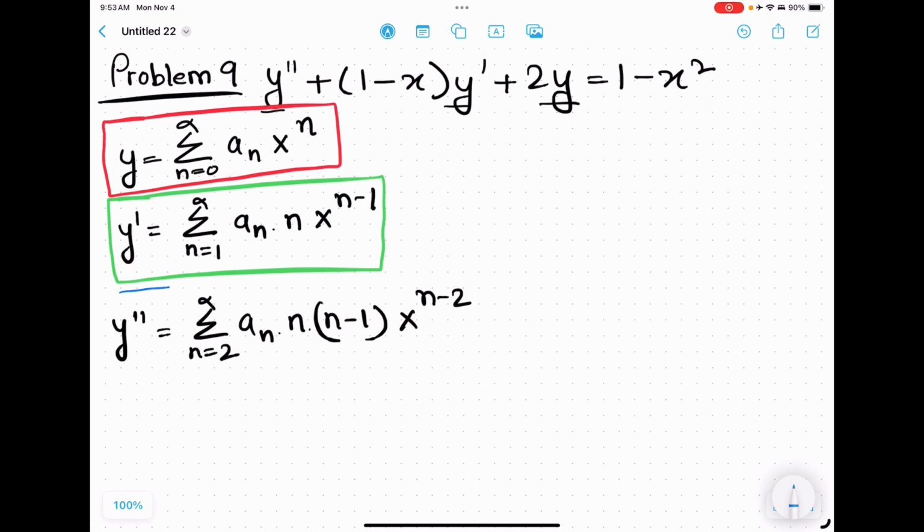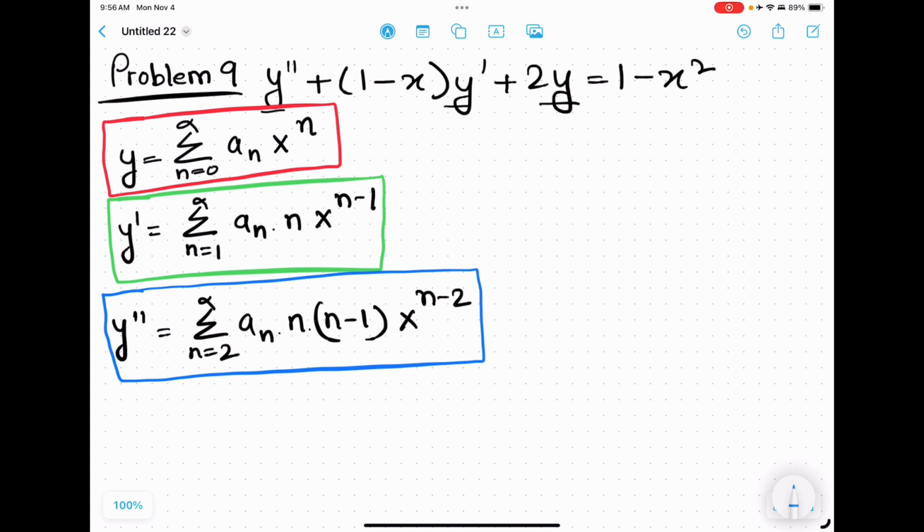And this falls under my blue box. Okay? So now we have our power series form for y, y prime, and y double prime. So let's go ahead and substitute each y term into my power series form within the main differential equation.